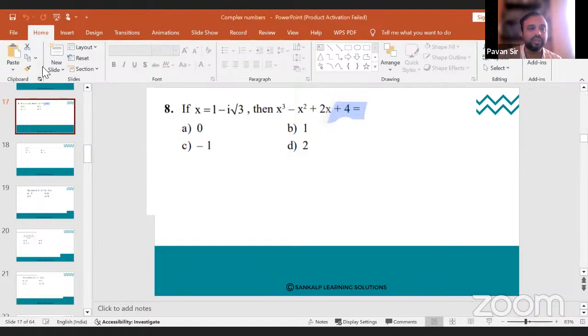Use the condition. The condition is given that x is equal to 1 minus i root 3. This is the condition.